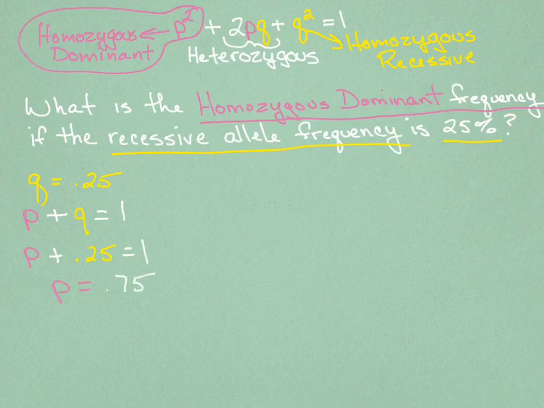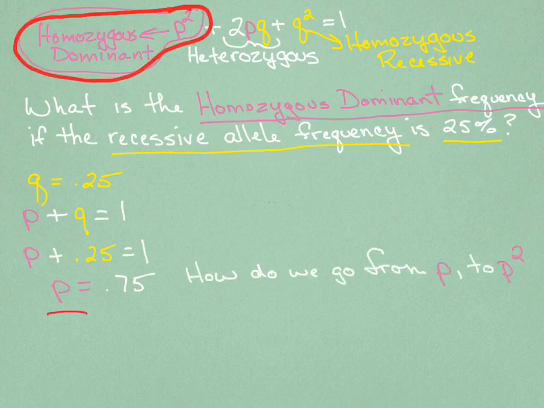Now, this is just P, right? This is not P squared. So how do I square this P? Well, P squared equals P times P, right?